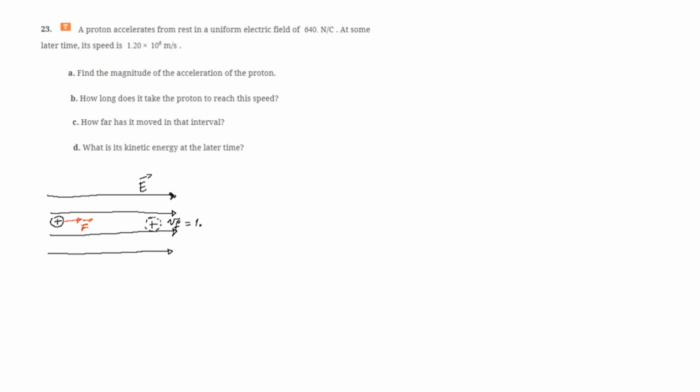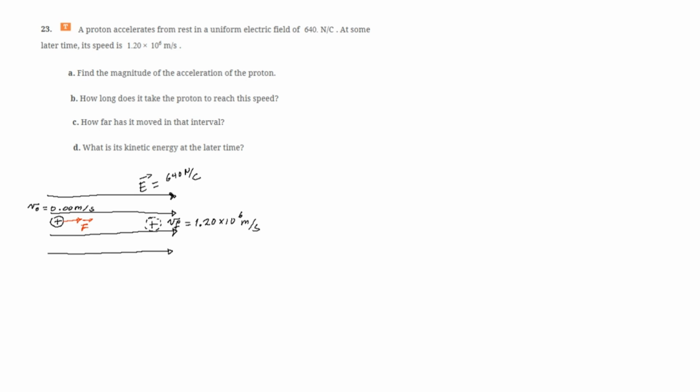We know the initial speed, since it was accelerating from rest, is 0.00 meters per second. And we know the intensity of the electric field, that is 640 newtons per coulomb.